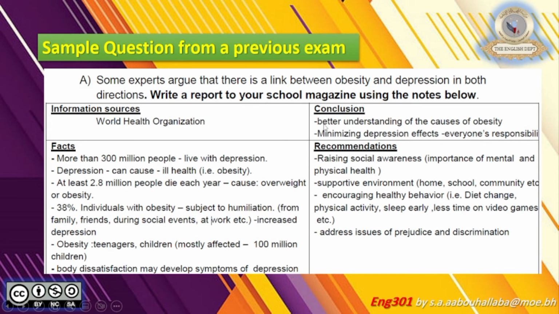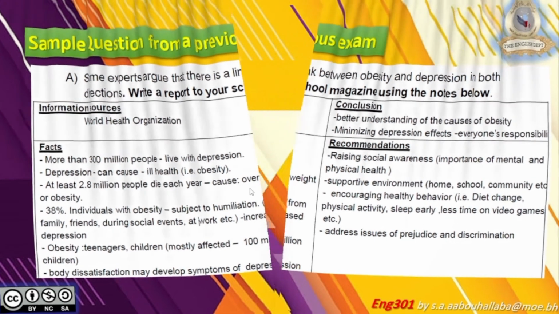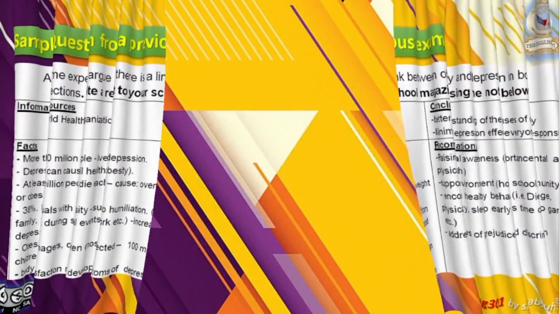Here you have the conclusion, what you need to write in the conclusion, and here you have the recommendations, also a number of recommendations. So you will use the information already given in the exam sheet to write your report. You don't need to write something from your head. Okay, let's see how to turn that table into a report.